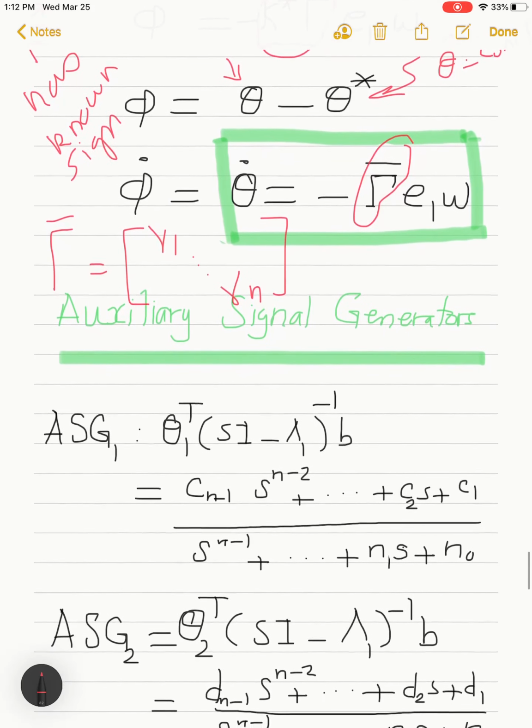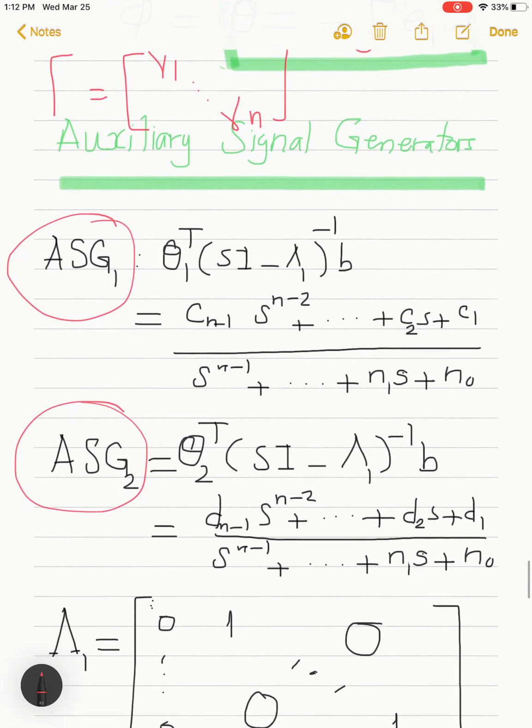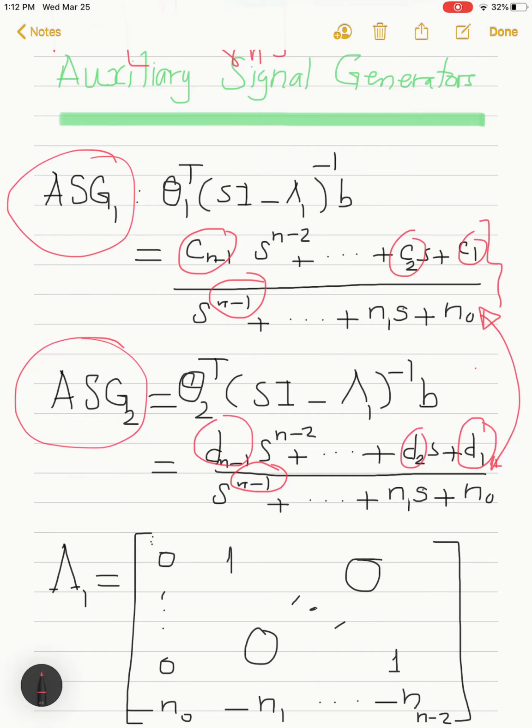Now it's left to explain how to design the auxiliary signal generator. Now the structure of the auxiliary signal generator, I'm going to assume a transfer function of order n-1, and the denominators of both auxiliary signal generators will be similar. The difference will appear here in the numerator, the C and the D parameters.